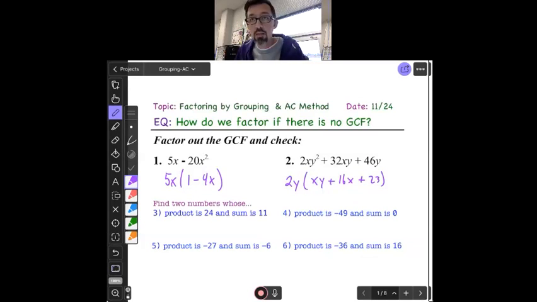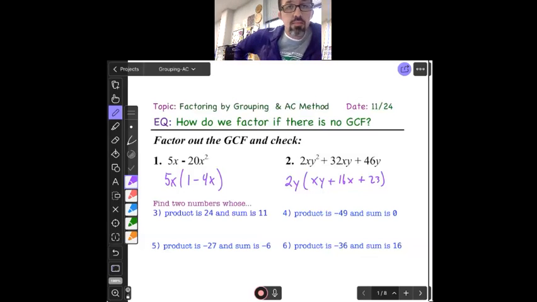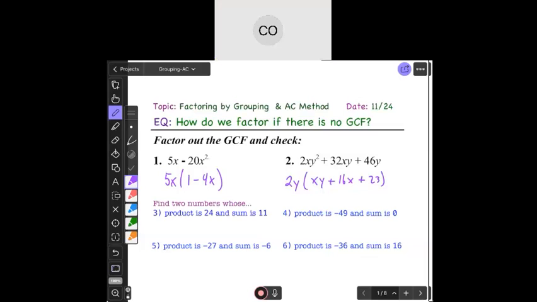Two numbers that multiply to be 24 and add to be 11. 8 and 3. Okay, 8 times 3 is 24. 8 plus 3 is 11.